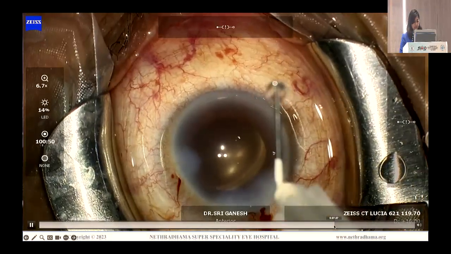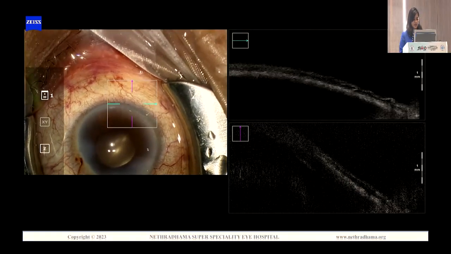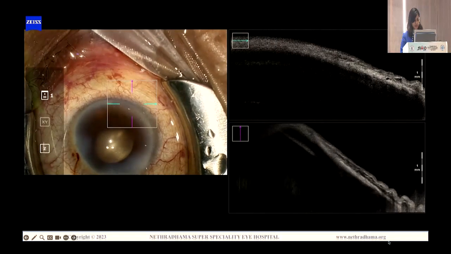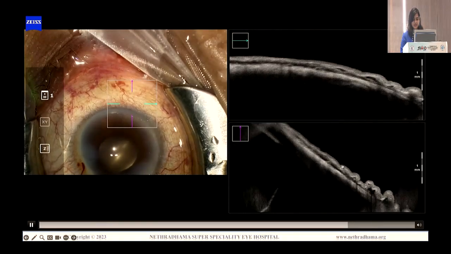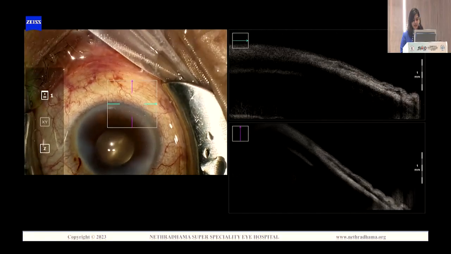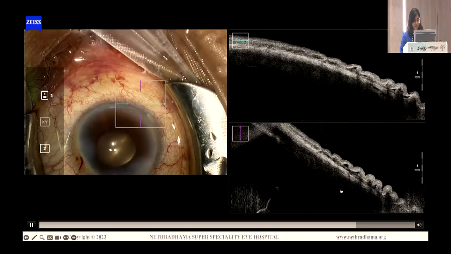Here we see, so starting from the area of the iStent implantation and the area of outflow, you can see the anatomy of the conjunctiva here. It is boggy and it has fluid underneath. This sign is described as the fluid lake sign on intraop OCT.